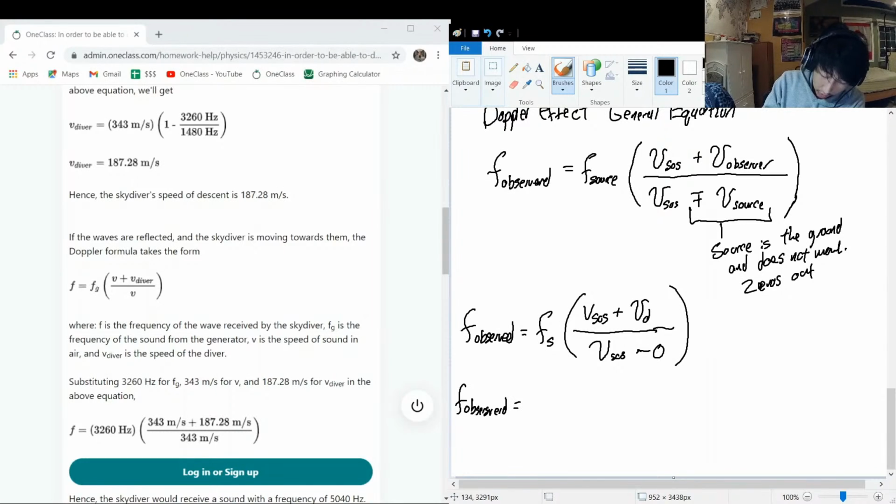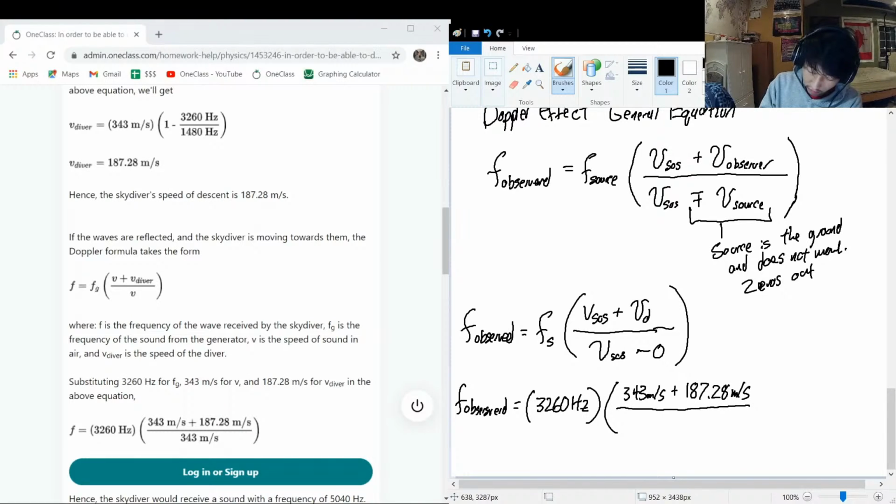F observed is equal to, the source in this case is the reflected signal off of the ground. So immediately after it was reflected off the ground, it was 3260 hertz, multiplied by the fraction of 343 meters per second, plus 187.28 meters per second, all over 343 meters per second.